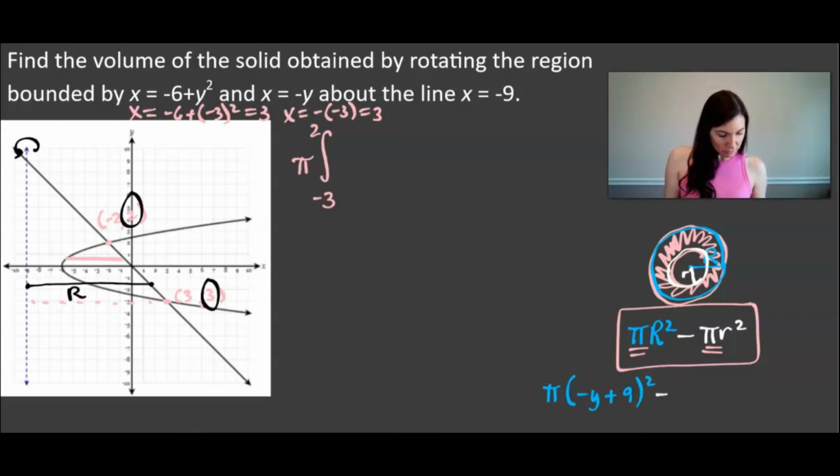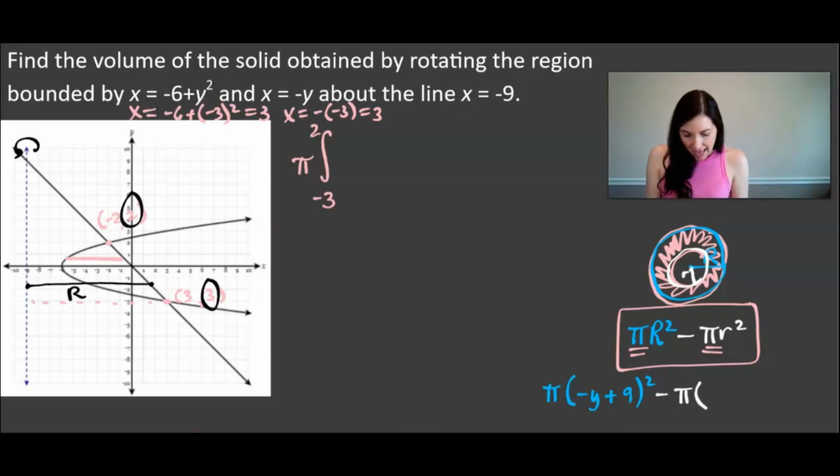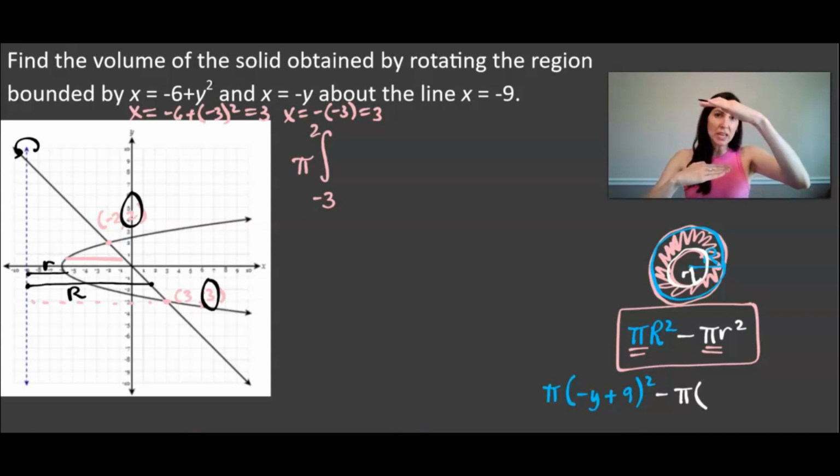Then I am going to subtract out the inside circle. And so the lowercase r is going to be right here, which again, that's going to be the difference of those two functions. And you want to make sure everything is written in terms of y, since your washers are being stacked this way, so the washers are horizontal.